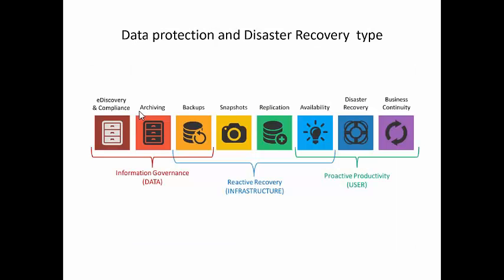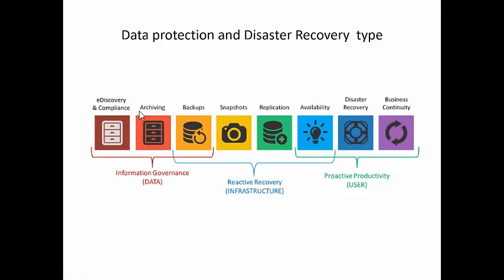And if you look at the diagrams, the way the data has been stored and the different types of structures that the data can have, on one side you have e-discovery and compliance issues where you want to keep the data for a long time, and that is closer to archiving. And these are less accessible data.